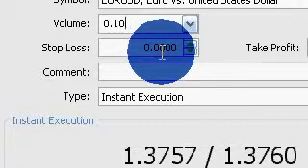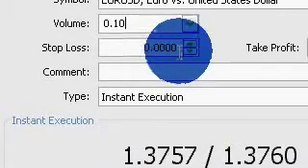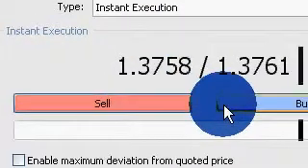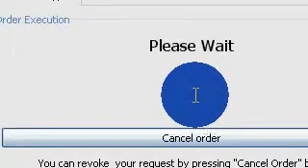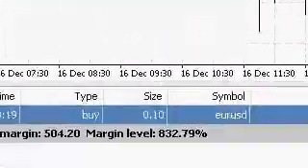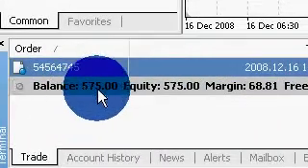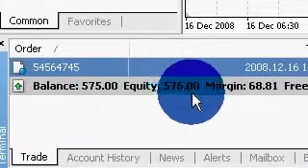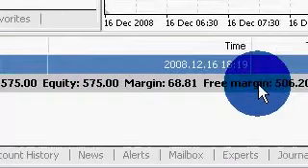Now, what happens a lot of times is people try and buy more than they can actually hold. So let's just go ahead and buy the euro here. Okay. So now looking in the terminal window, the balance 575, equity we just broke even.